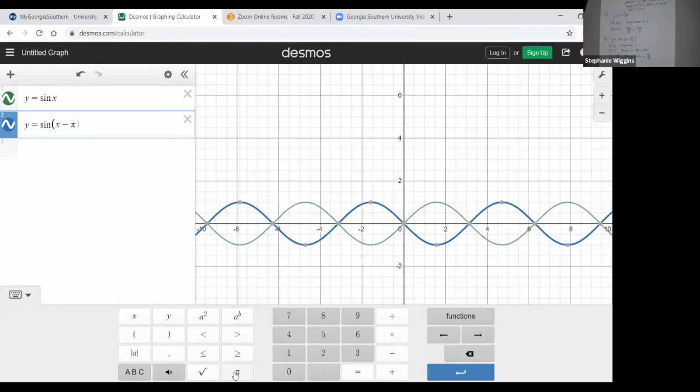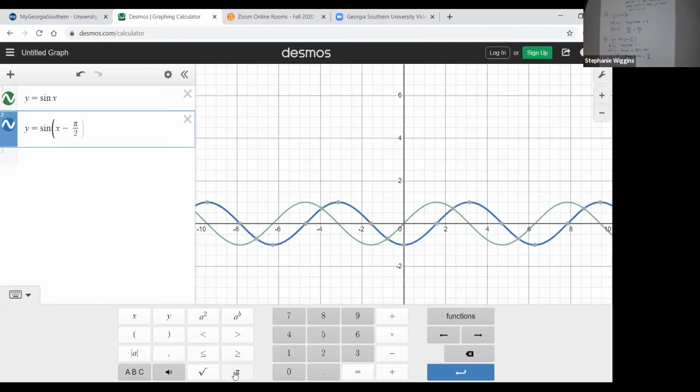So pi divided by 2. Okay? And you can see what happens there. The green function is the regular basic sine function. Now, when I subtract pi over 2, this point here gets moved over here.